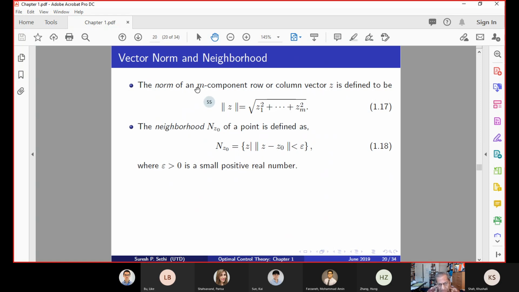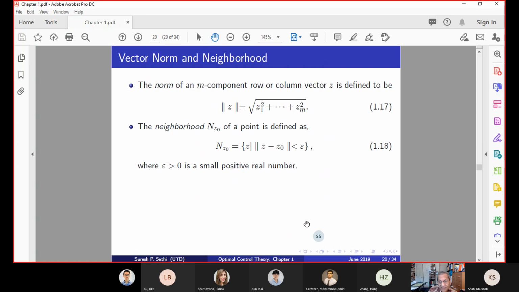Very quickly, we use a norm. If I have a vector, the norm of that vector is given by the square root of the sum of the squares. And once I have the norm, I can define a neighborhood. The neighborhood of z0 is all the values of z such that the norm of z minus z0 is less than epsilon. Why am I doing that? Because I want to take the derivative, and the derivative requires a neighborhood.